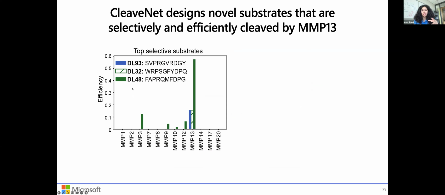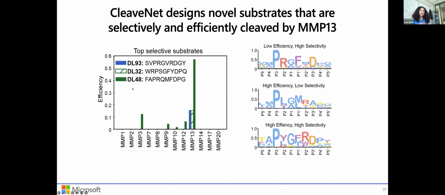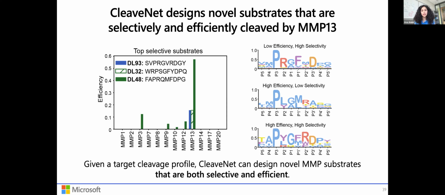So already this was quite encouraging, and it became even reinforced when now we look at things at the sequence level and are able to, again, pull out some distinctions from a composition point of view of sequence level determinants and amino acid patterns that seem to be driving the particular composition of these sequences that are highly efficient and highly selective MMP13 substrates.